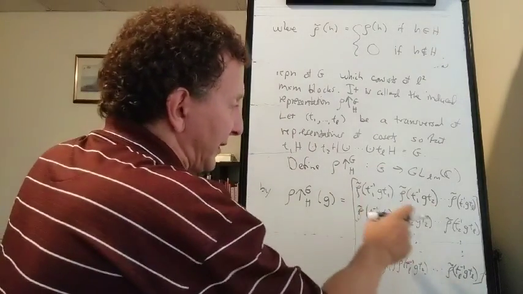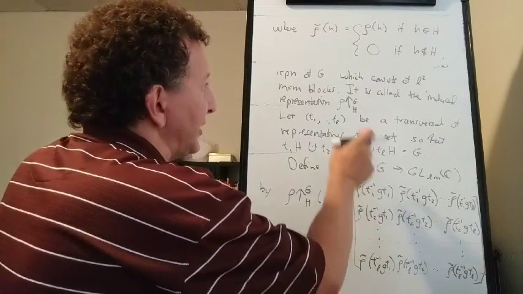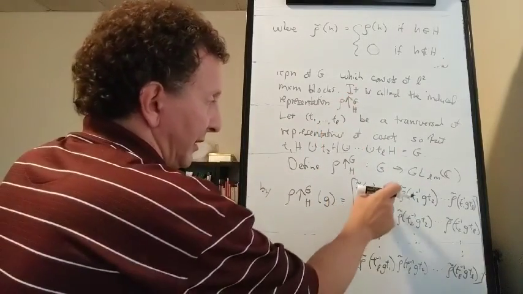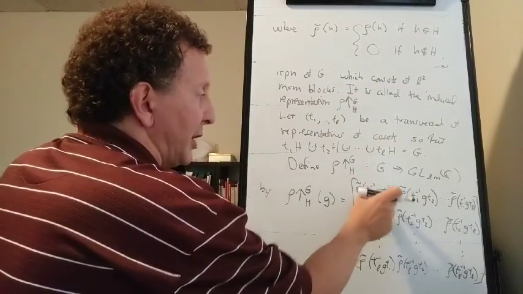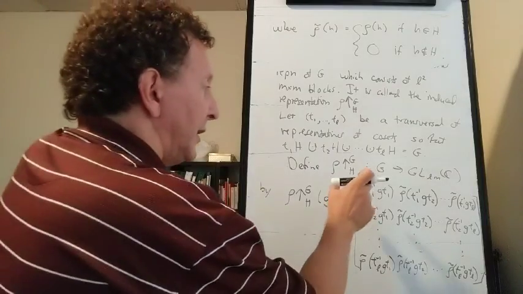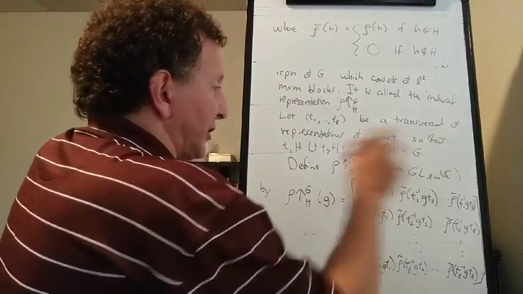So some of these blocks here are going to be honest-to-God representations of elements in H, that is, if this product of three elements ends up being in the subgroup. And then the other blocks are just going to be zeros.